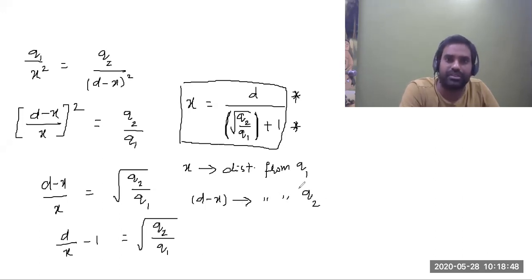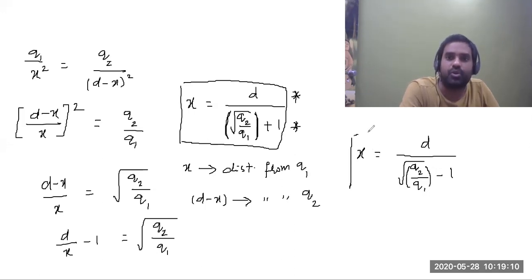And one more thing I want to reveal to you: the same distance of the null point from the smaller magnitude comes out to be X is equal to D by (under root Q2 by Q1 minus 1) if the two charges are unlike.